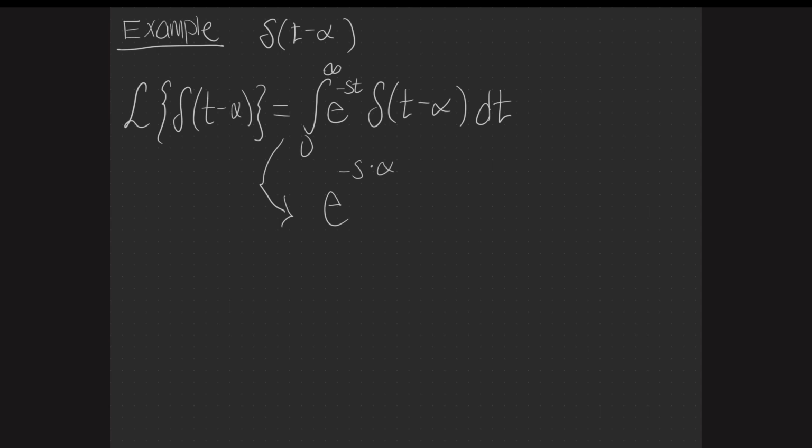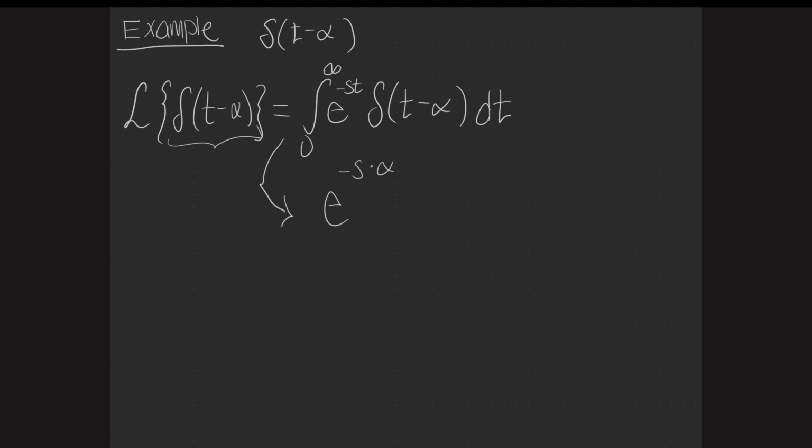This is kind of weird to wrap your head around at first, but think of it as some tool that we use when integrating, and the Dirac delta function is 0 everywhere except for at x or t is equal to a, where there's an infinitely tall spike with an area of 1 underneath.